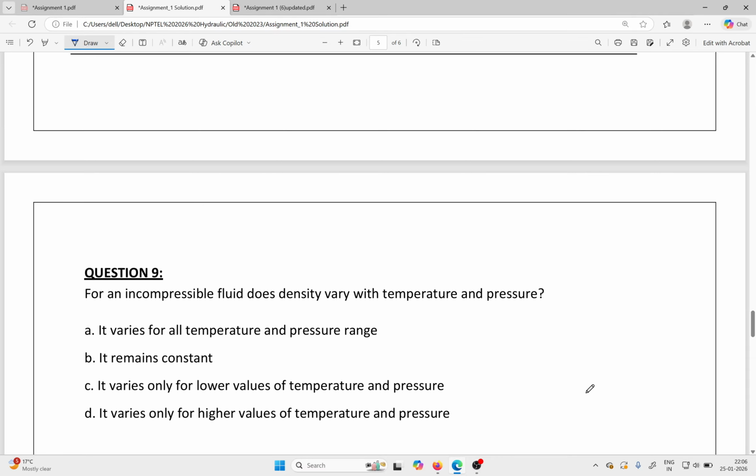Okay, so the next question is: for an incompressible fluid, does density vary with temperature and pressure? For incompressible fluids, does density vary with temperature and pressure?